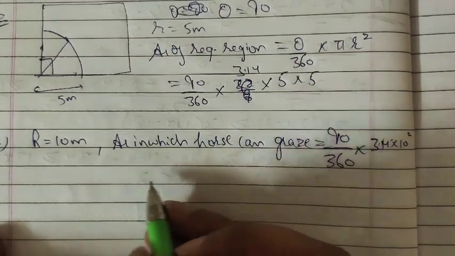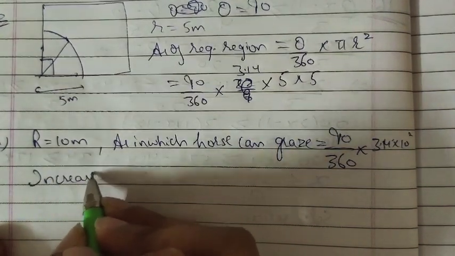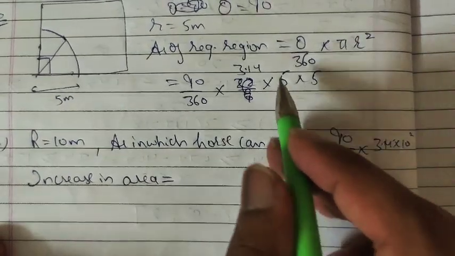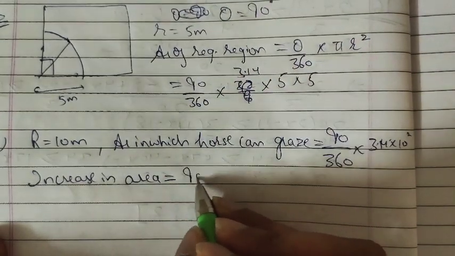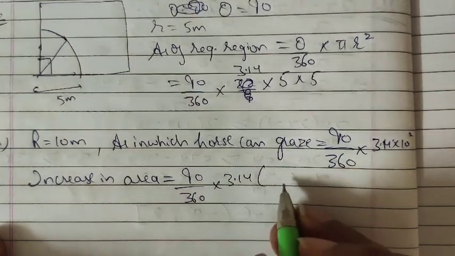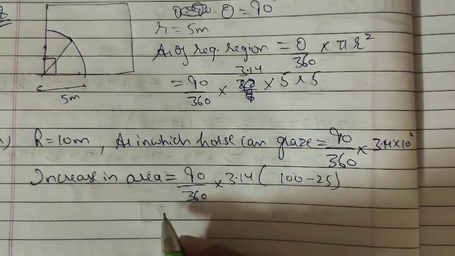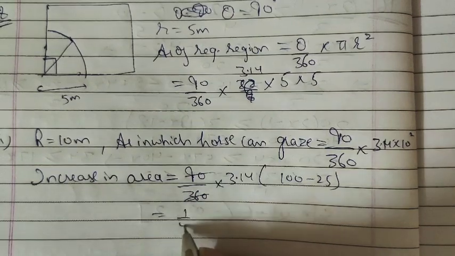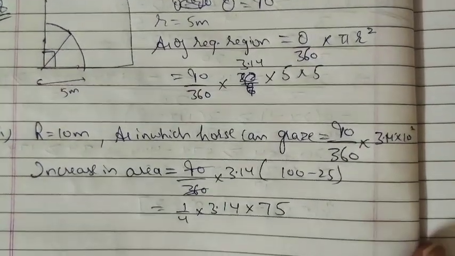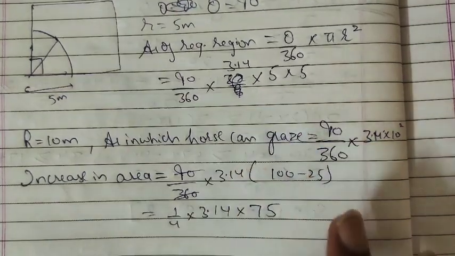So the increase in area will be equal to this area minus that area: 90 upon 360 multiplied by 3.14, we can take common, 100 minus 25, which is 1 by 4 multiplied by 3.14 multiplied by 75. This value you can easily determine. So this is the answer of the second part, and that is the answer of the first part.